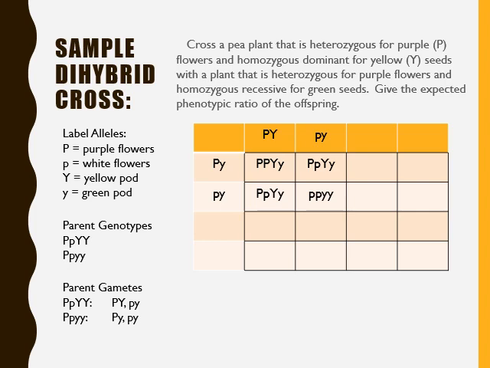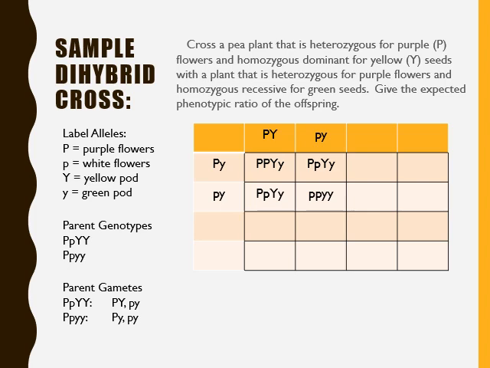Okay, we've got our values now. We've got our F1 generation's genotypes. We need to give the expected phenotypic ratio. So how many of these will have purple flowers? 3 have purple flowers. 1 has white flowers. Of those, how many are both purple and yellow? 1, 2, 3 are purple and yellow.